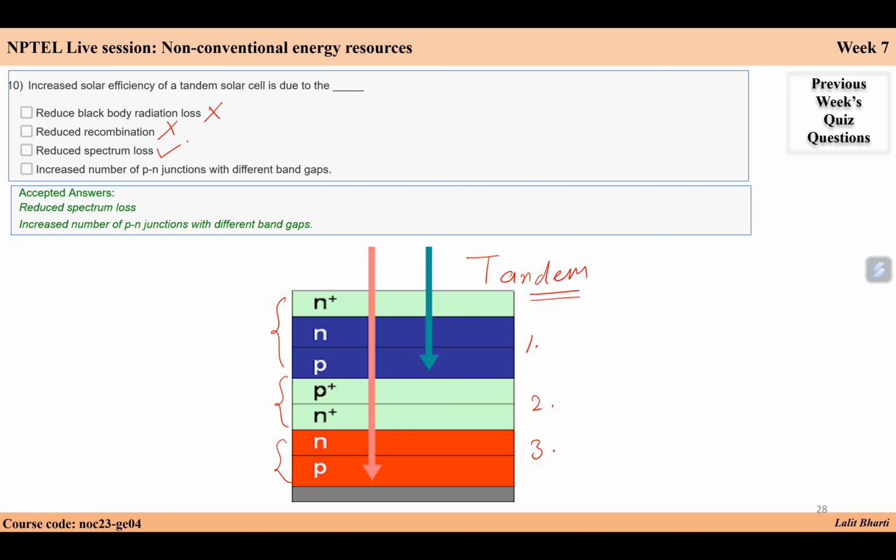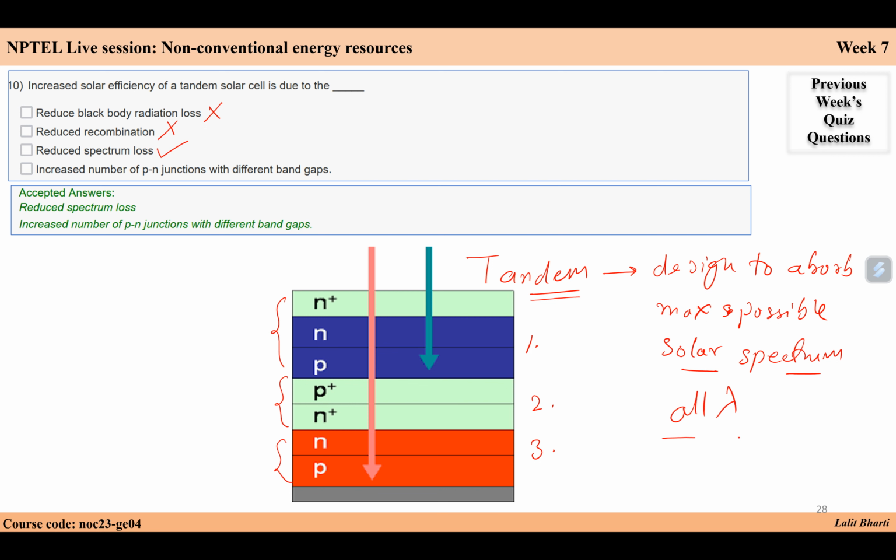That is the main key point of tandem solar cells, because they are designed to absorb all wavelengths.